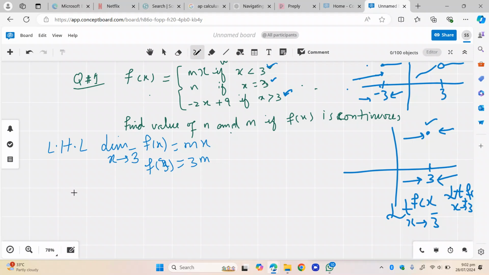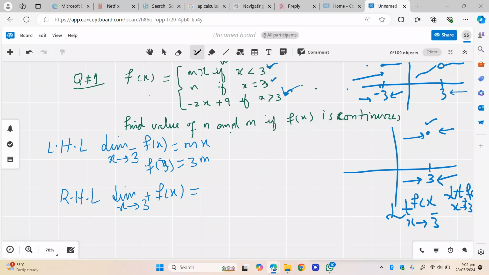Similarly, for the right hand limit, we will use the limit as x tends to 3 positive of f of x, and that will be equal to, we are going to use this function because we are approaching from the greater values of x. So basically we are coming from this side.